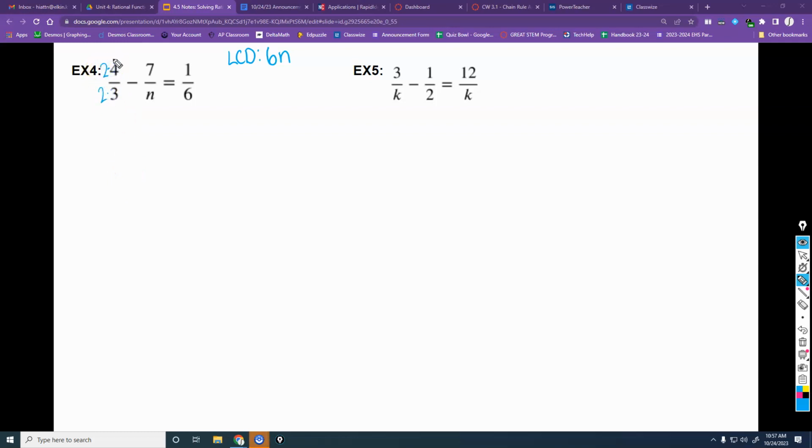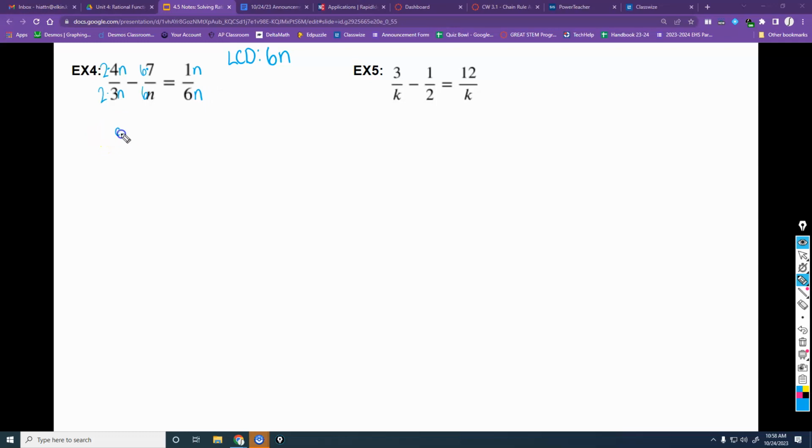And an N, because it does not have an N, so I'm going to multiply it by an N also. The second fraction has an N. What does it need? It needs a 6 right there. So 6 on top and bottom. And the last one has the 6. What does it need? N.